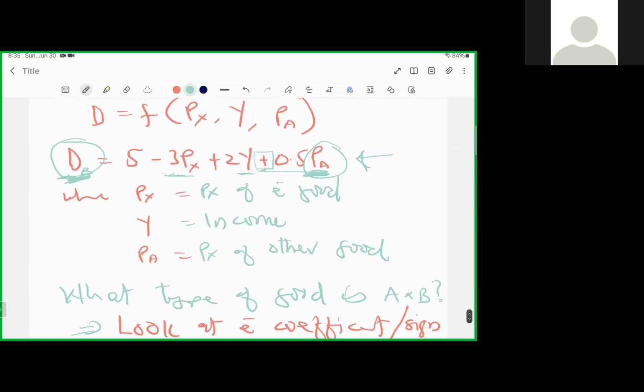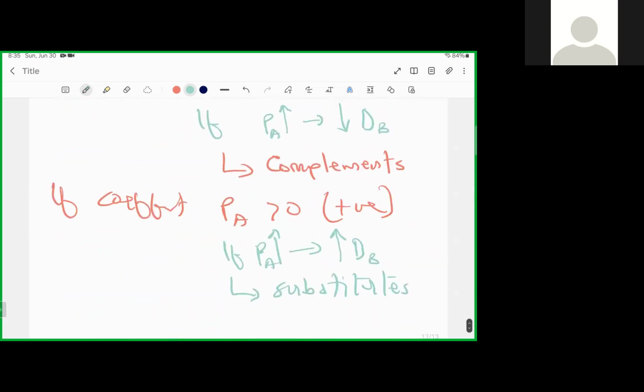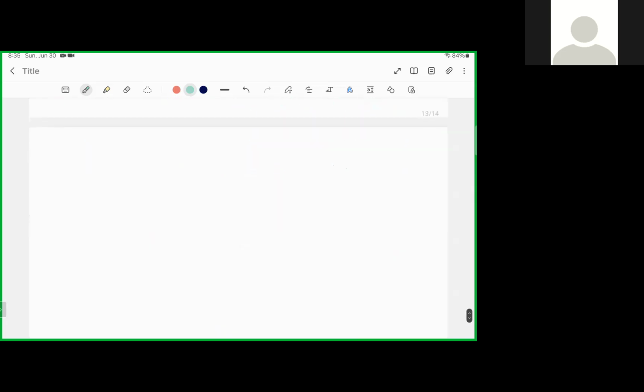Alternatively, the sign of Y, which is our income, should also tell us whether the good we are looking at is a normal good or an inferior good.